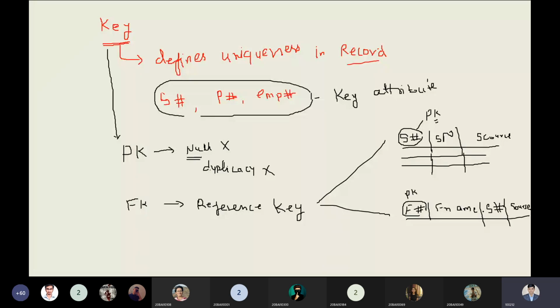So in this case we are putting the reference of this value here. It means in the faculty we can put the details of the student, only those students who really exist in the student table.